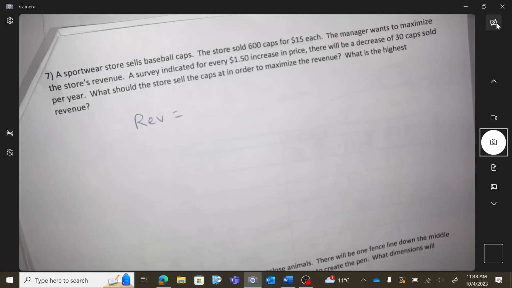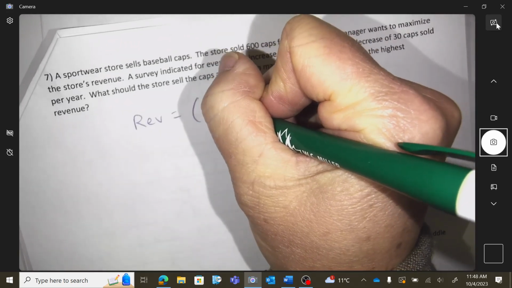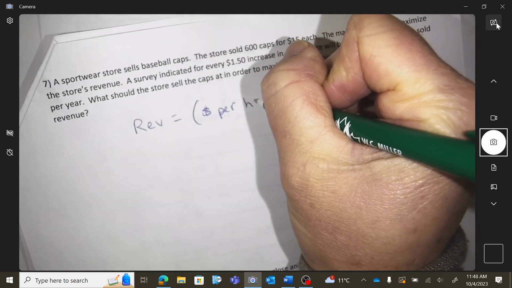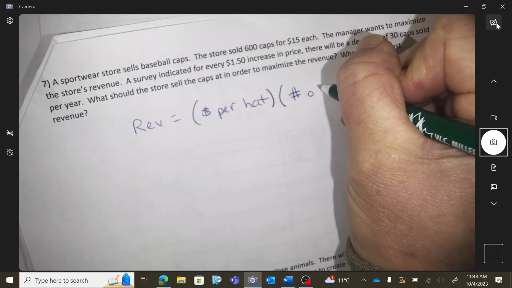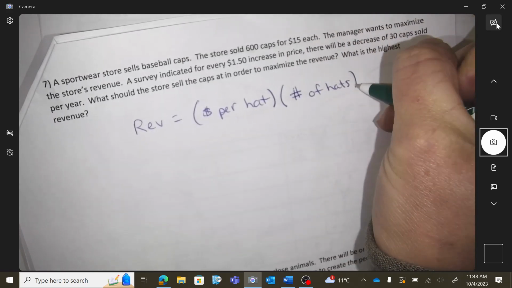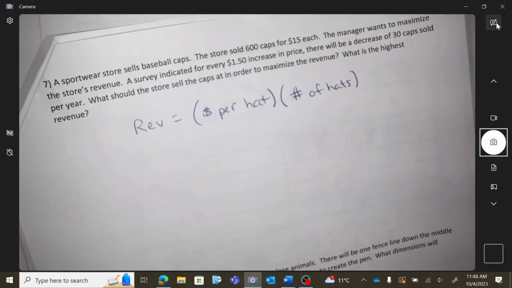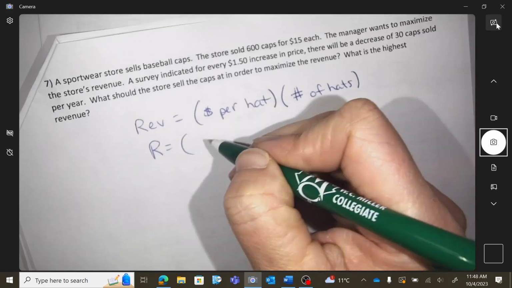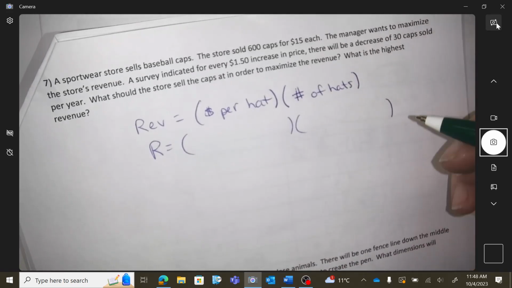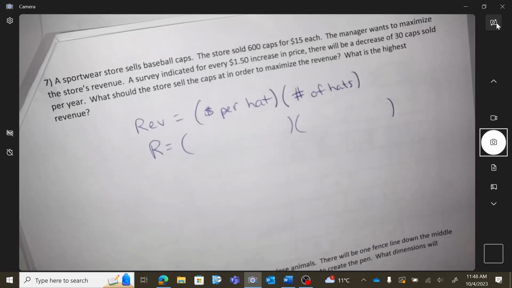So would you agree that the revenue would be the price per hat times the number of hats? Would that make sense in real life? However much each hat is times the number of hats gets you your money. So revenue equals, and then let's just open up 2 brackets and fill in stuff later.